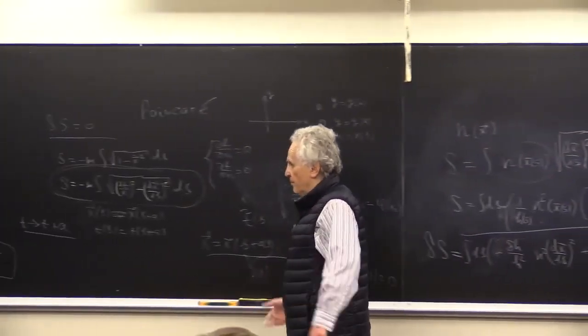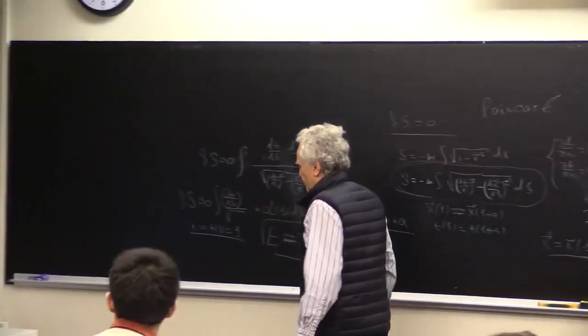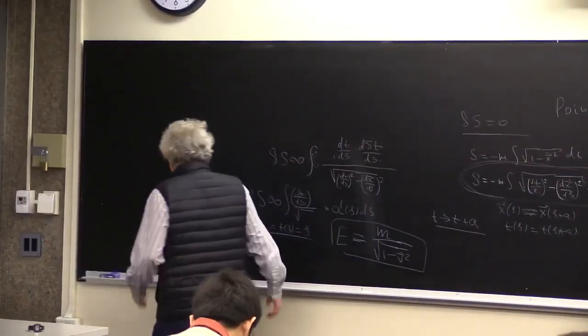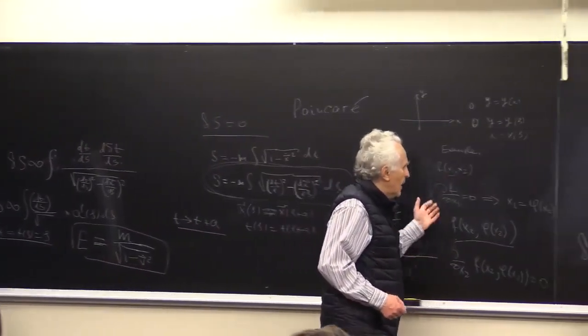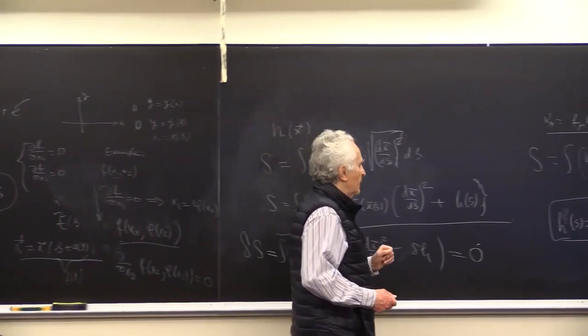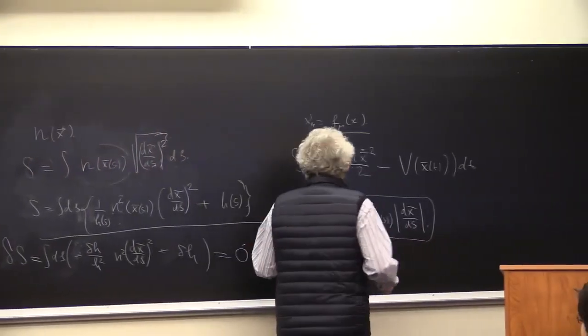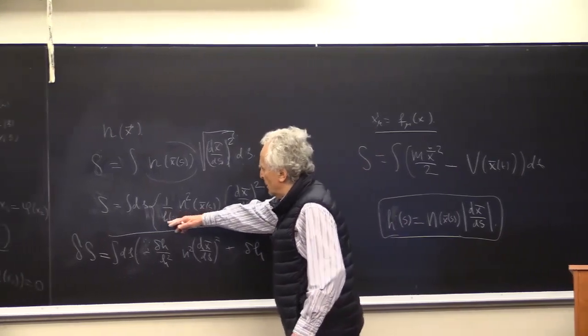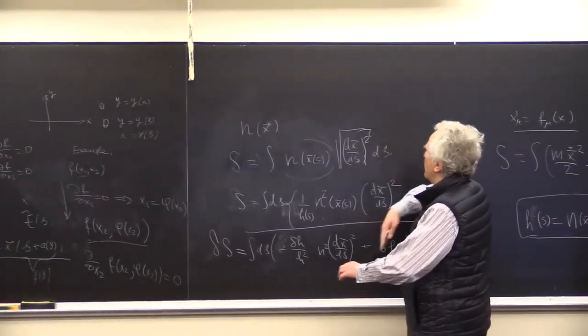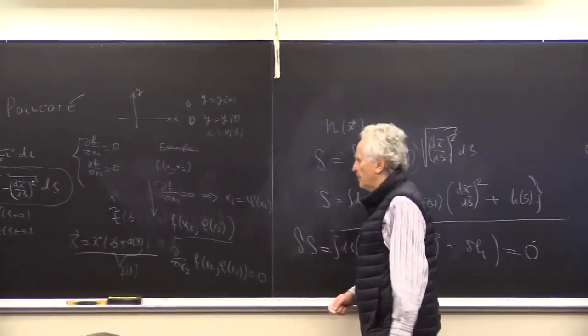But the outcome, the instruction which we get from this, is that if it is convenient, you can easily minimize with respect to something and plug it back into the action. Okay.